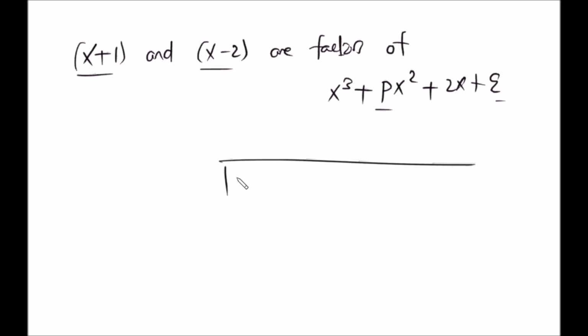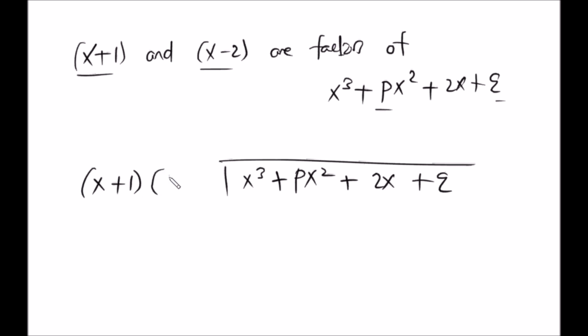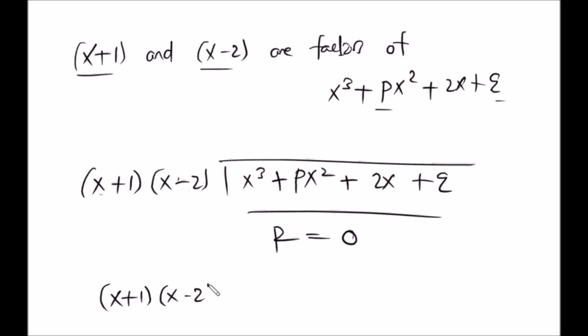Maana nikichukua x cube plus px squared plus 2x plus q nikagawanya na hawa x plus 1 times x minus 2, remainder yangu itakuwa ni nini? 0. So huyu x plus 1 times x minus 2 tumesema ni x squared minus x minus 2. Kwa hiyo nikichukua huyu gawanya kwa huyu, remainder ni 0. So kwa kugawanya tu naweza nikapata p and q. So let's do like that.